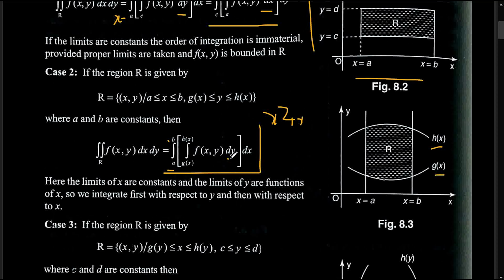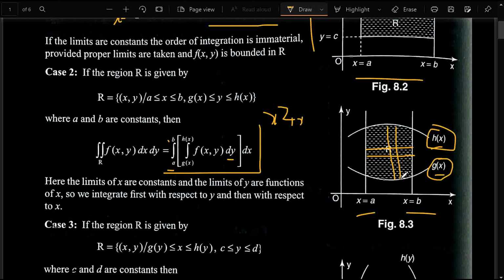So this is dy. Why dy? Because if you take a strip like this, this is a limit in the y direction. If a strip is vertical, then the first limits are in y. If the strips are horizontal, then the first integration, which is inside, will be in the limit of x. We have to take vertical here, because first we have to solve the limits which are variables.